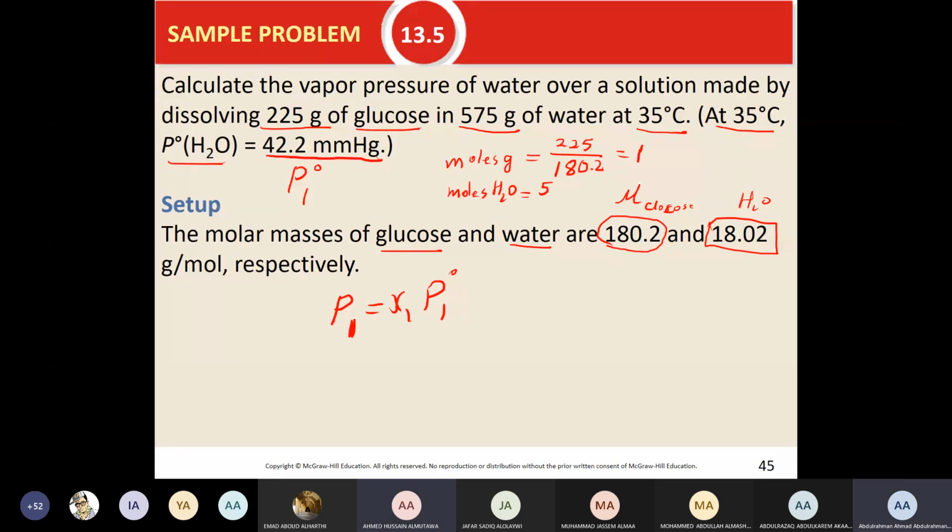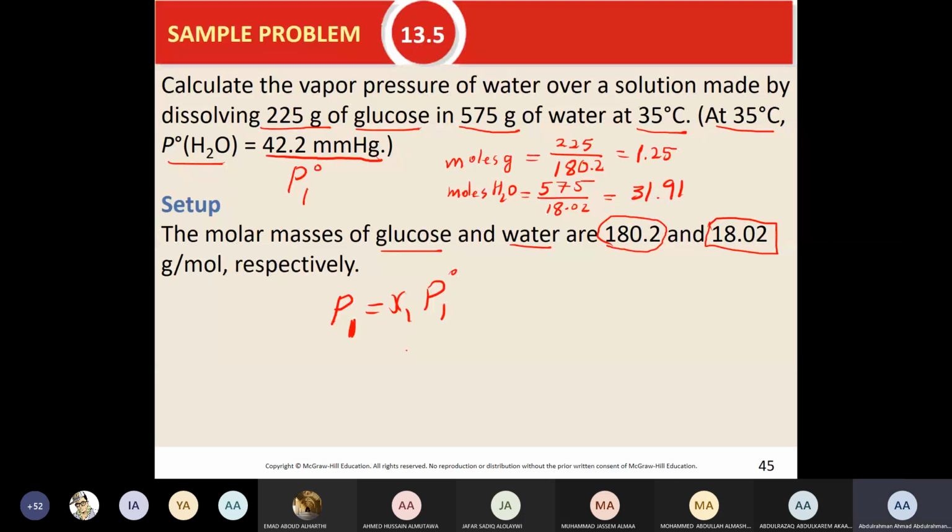Next, moles of H2O, which is 575 divided by 18.02. Give me the answer. 31.91. Are you sure? Yes, 31.91. Good.